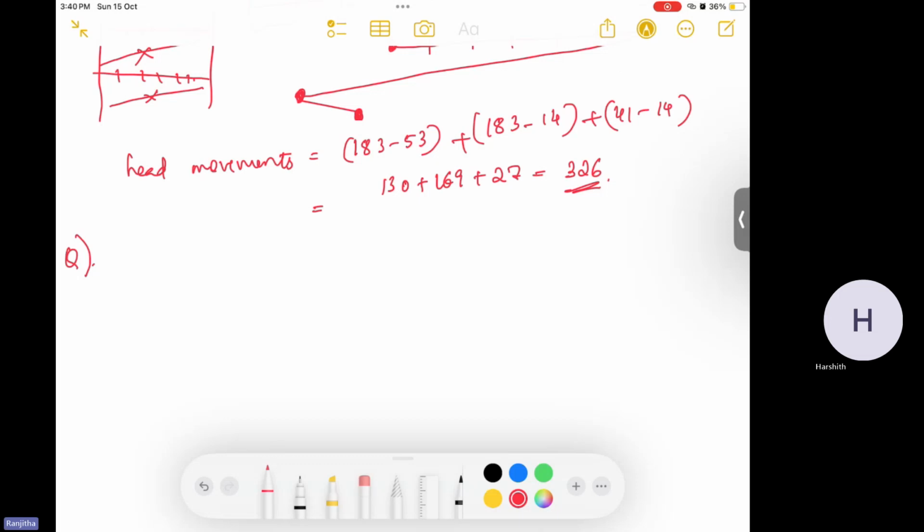To request our C-LOOK scheduling policy. Head at 63.